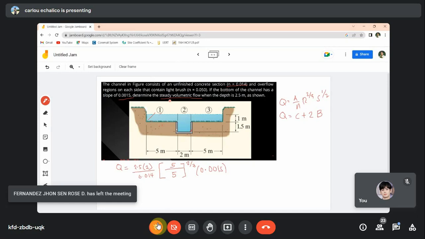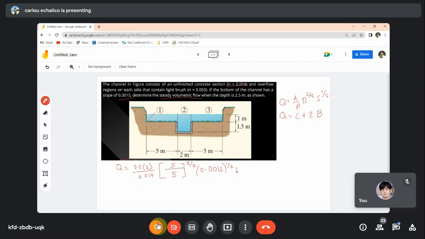Raised to 1/2. Now for the side, 2 times the side discharge. The area of the side is 5 times 1, since the height is only 1, so the area is 5. Divide by n, which is 0.050. The n is different now. Then the hydraulic radius is the area over the wetted perimeter. The area is 1 times 5, so 5.